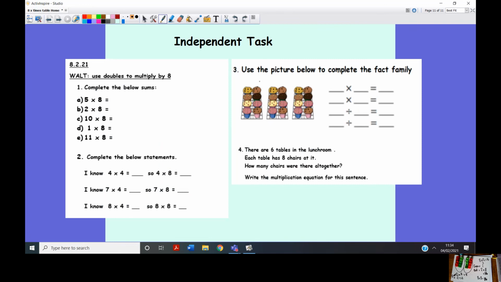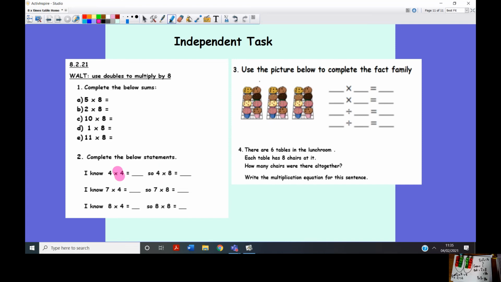So your independent task is that you're going to use doubles to multiply by 8. So you have a number of different sums. These are all in times tables that we're familiar with, so you might know the answers quite quickly because of commutativity. Then you have, again, the doubling rule that we looked at earlier in the lesson.